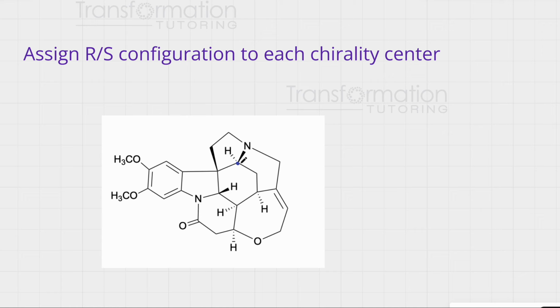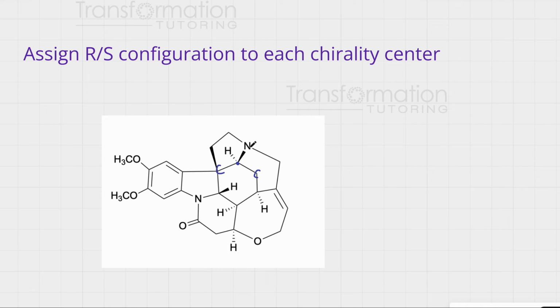To assign RS configuration, we first have to give priorities to our groups from 1 to 4, 4 being the smallest, 1 being the largest, and we will look at the atomic number. So here we see hydrogen, nitrogen, carbon, and a carbon.